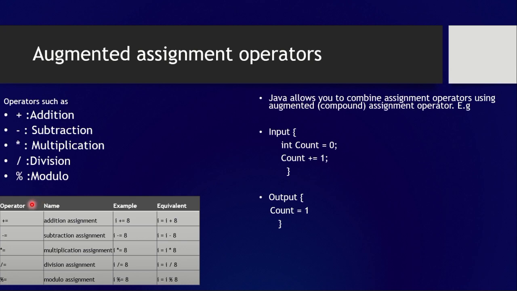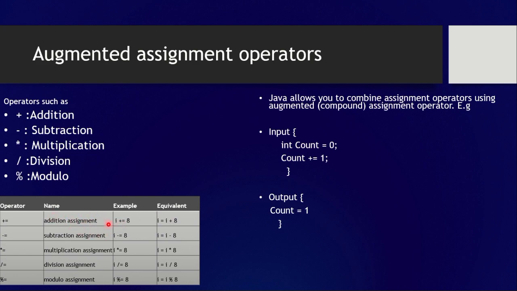So we have an augmented assignment operator, which is plus equal to, which is an addition assignment. These are basically used to make your code easier. We'll talk about how those are implemented later on when we're talking about loops. But basically, when you have your augmented assignment operator, this is how they come out.